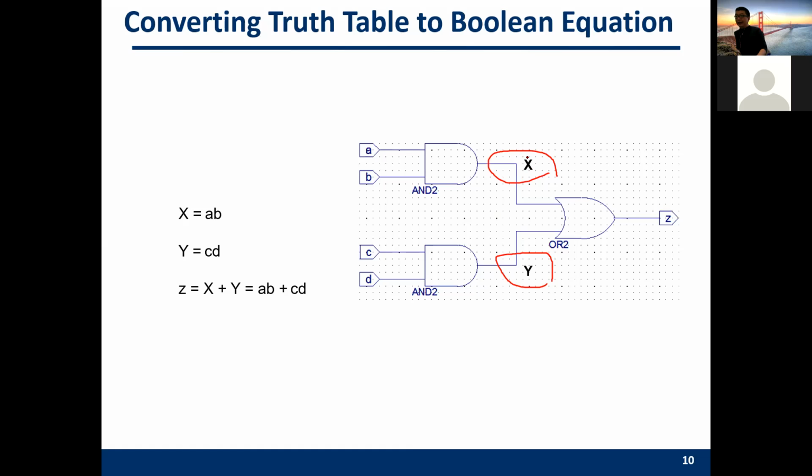For example, this X is A and B, Y is C and D, and then we add them together. So this is the Z. In this way, we can summarize the Boolean equation from the circuit.